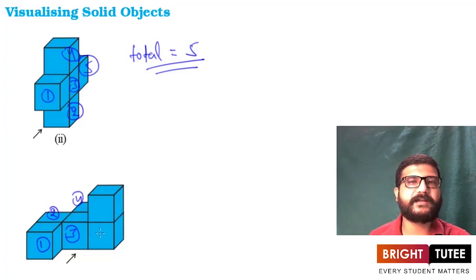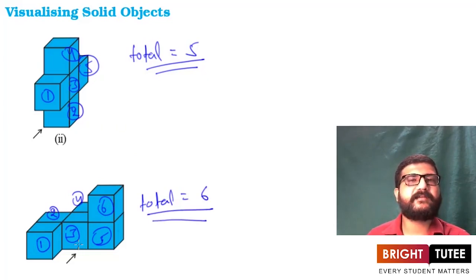This is the 4th one, and here is the 5th one. This is 5th cube, and this one is 6th cube. So in total there are 6 cubes as we have counted here. We can say this is a solid shape which is a combination of 6 cubes.